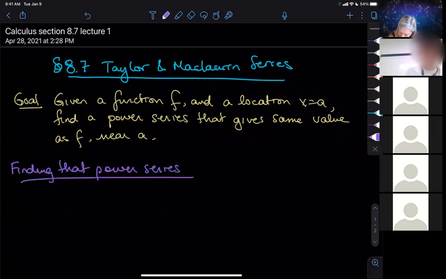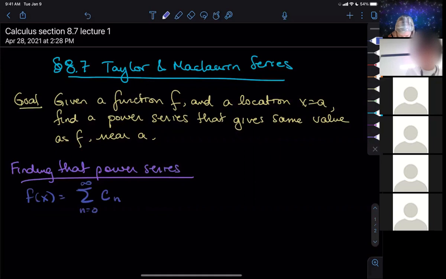Well, we know what a power series looks like. A power series f of x looks like the sum from n equals 0 to infinity of some constants times x minus a to the nth power. It's a bunch of powers of x minus a.